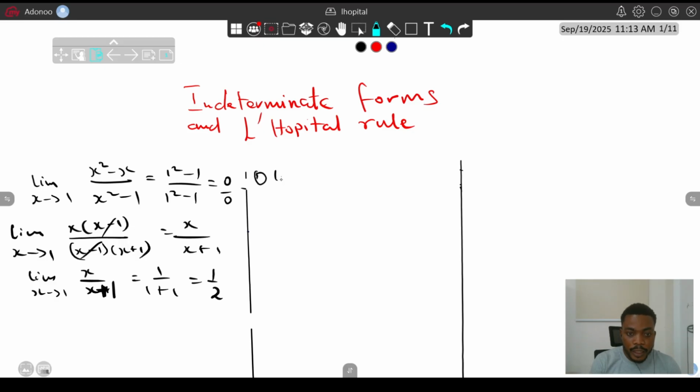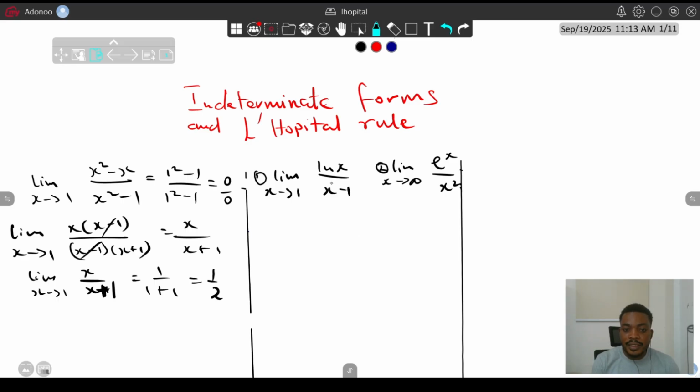We have a function like limit as x approaches 1 of ln x all over x minus 1. Or 2, we have a function like limit as x approaches infinity of e raised to the power x over x squared. So realize that we cannot just factorize these two functions as we did for this function here, right?